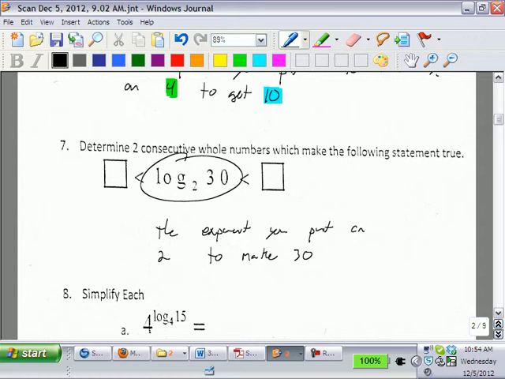So right now you just guess and check. Right now I'm not telling you how to put it in your calculator. I want you to estimate it. Well, talk to me about your issue with estimating it, Andy. Okay, what's the answer? Why do you think 4 and 5?